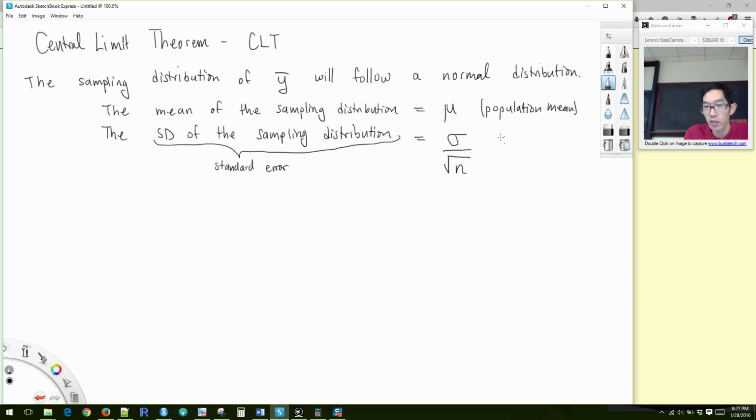Okay, so this is the population standard deviation divided by the square root of the sample size.